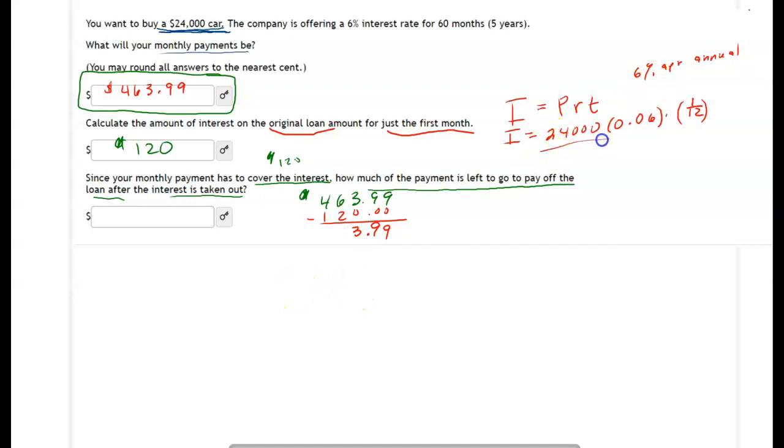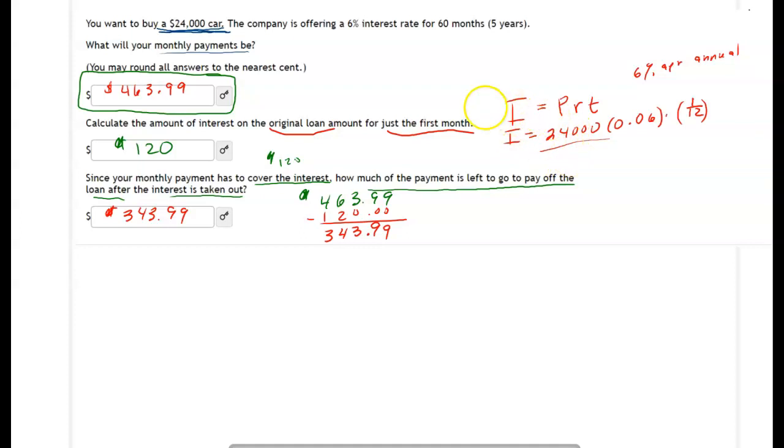You owe $24,000. How much really will be going towards that? Not all of that, because the first $120 goes to interest. So it looks like you have $343.99 left over after you pay off the interest, that's the amount that will go to the principal of the loan. So the $24,000, you get to only subtract $343.99 from that to find your new principal for the next month.